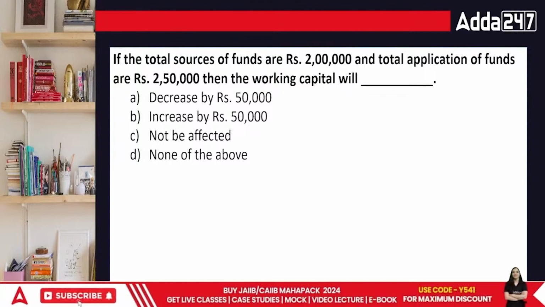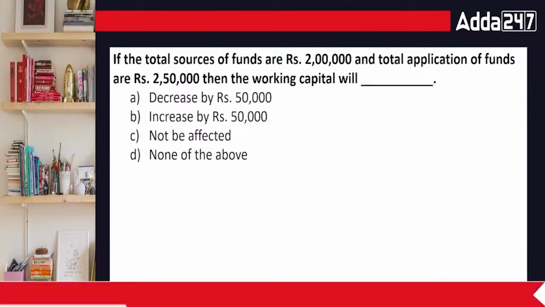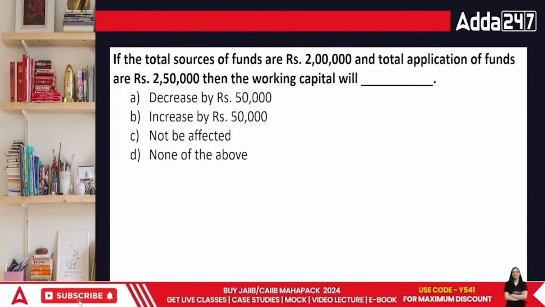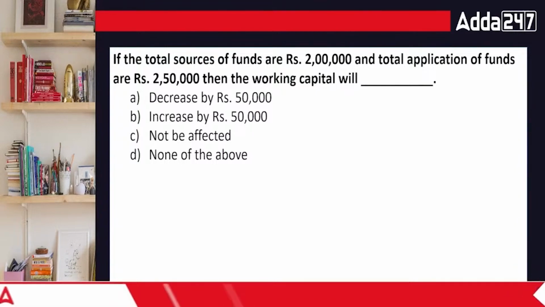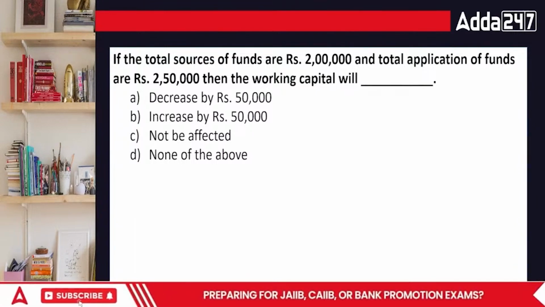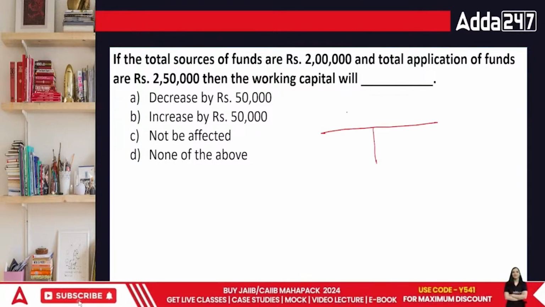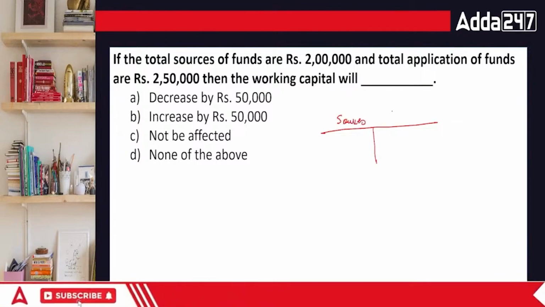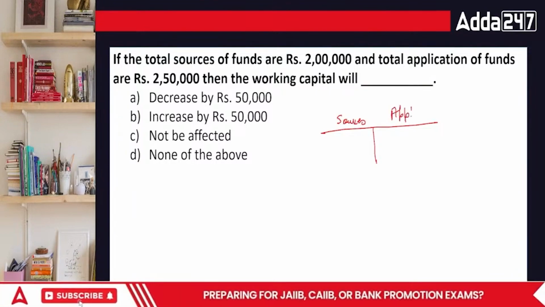If the total sources of funds are rupees 2 lakh and the total application of funds, so this is a fund flow question, everyone, then what is the working capital? In case of fund flow, we have sources and we have application.